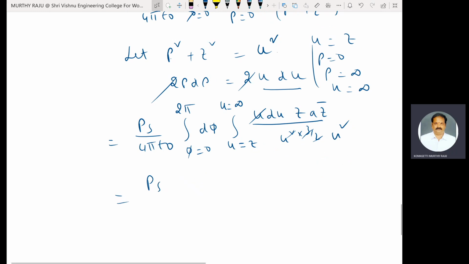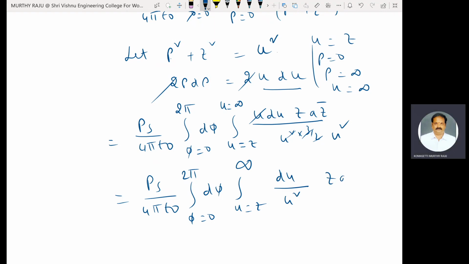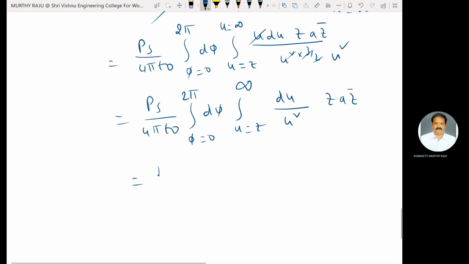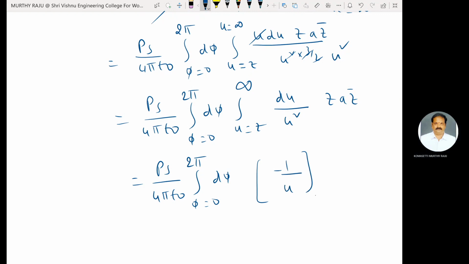Therefore, rho_s by 4 pi epsilon 0, integral phi from 0 to 2 pi d phi, integral u from z to infinity of du by u square, z a_z. The integral of 1 by u square is minus 1 by u, from z to infinity.